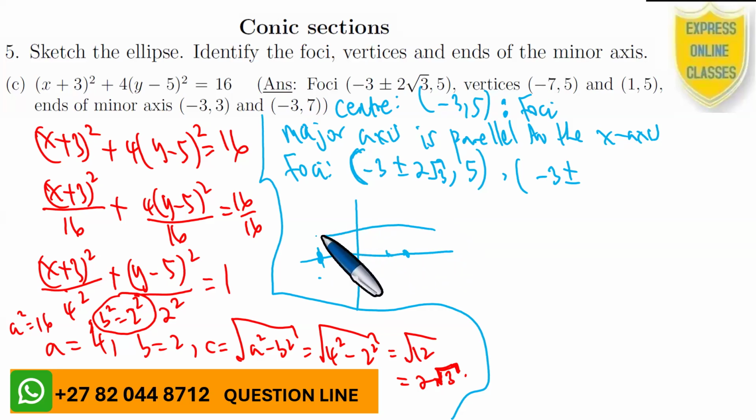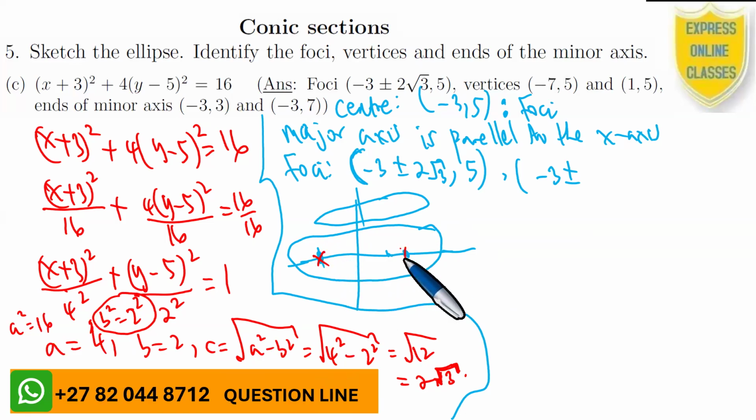If the major axis is parallel to the x-axis, or in this case, it is the x-axis exactly, we use the words major axis parallel to the x-axis because the conic section can be like an ellipse that is up here. So you have this.